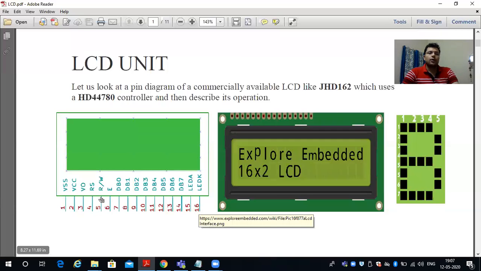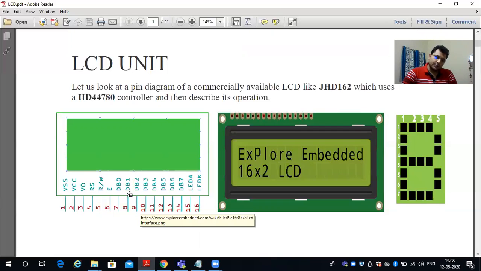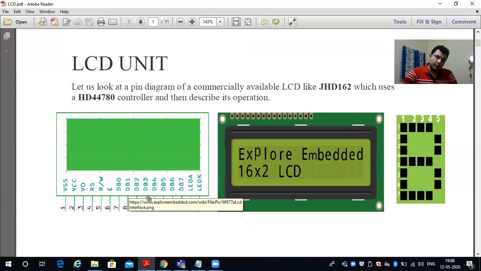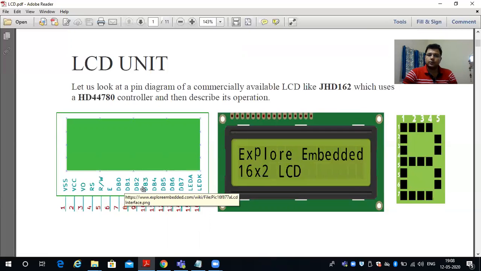So some of the pins are for powering up the device and controlling it, and there are 8 data lines. So in total, we require 8 pins for data and command purpose. These are the data line pins, DB0 till DB7, in total 8 data lines.